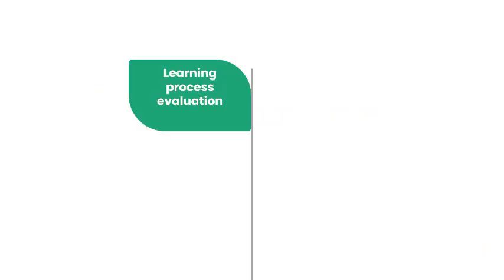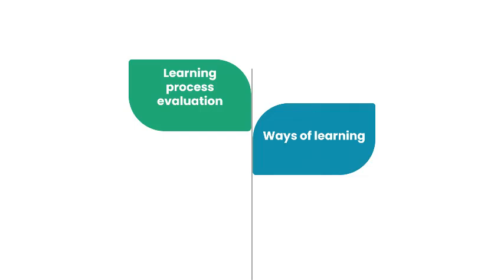Some of the common methods teachers can use in building this relationship are asking the students to evaluate the learning process, or to evaluate the content or the ways of learning. What are the best methods that students like to learn by? Is it through collaborative work?